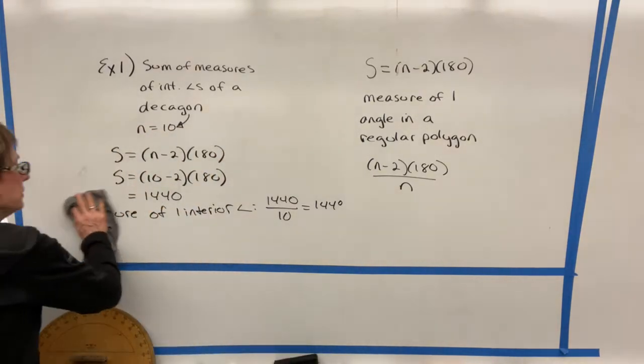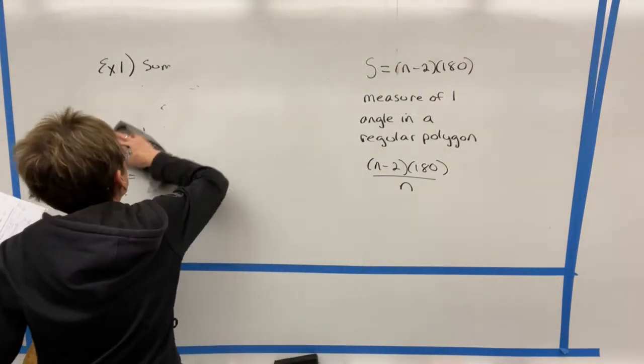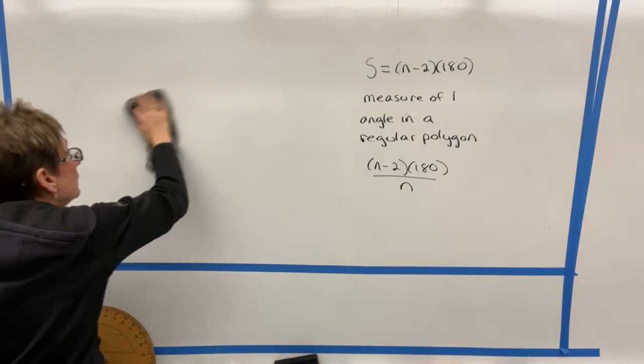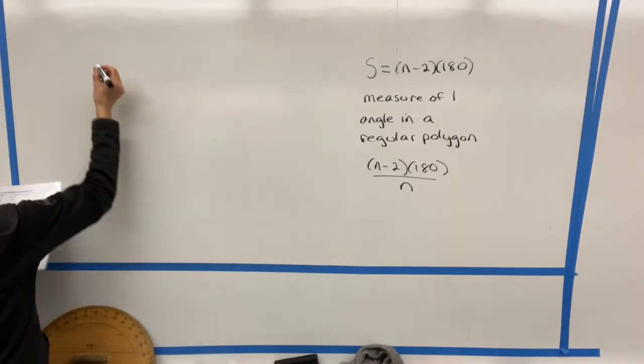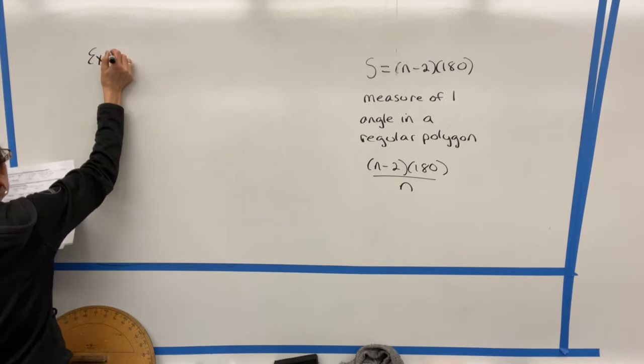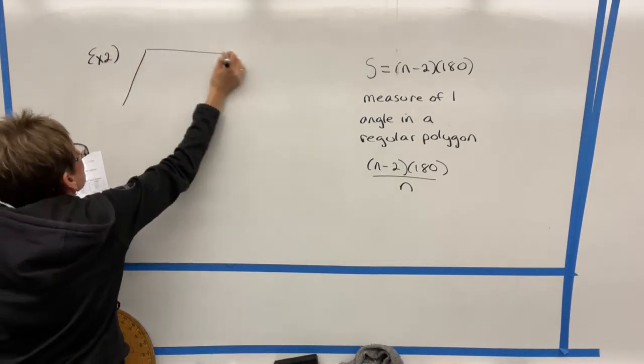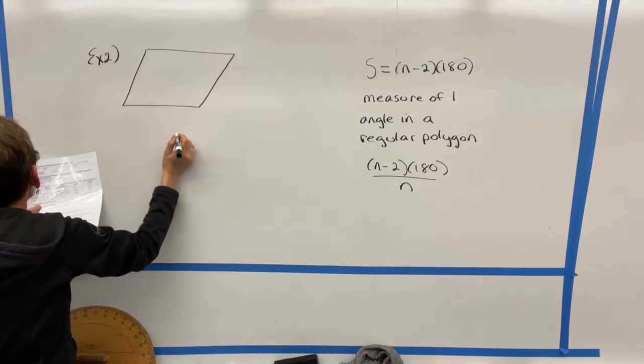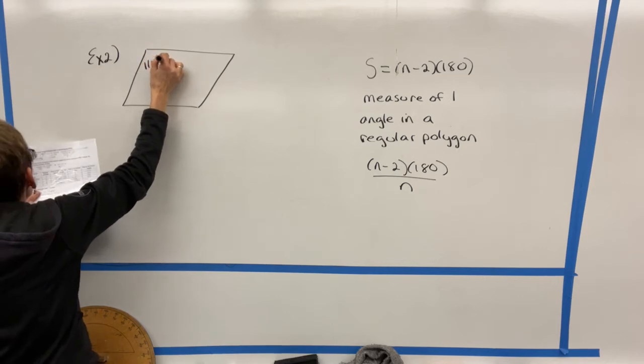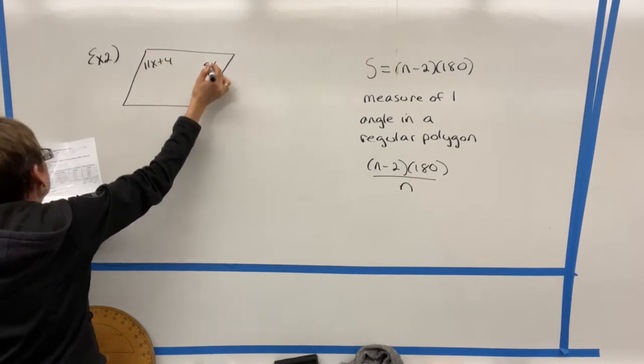Let's go ahead and do maybe 1 or 2 more examples. Example number 2. I'm going to show you a quadrilateral, and we're going to write expressions for each of the angles here.